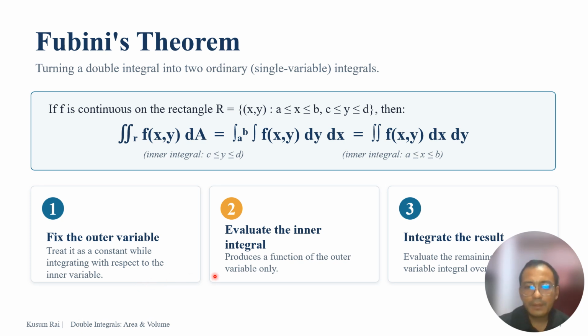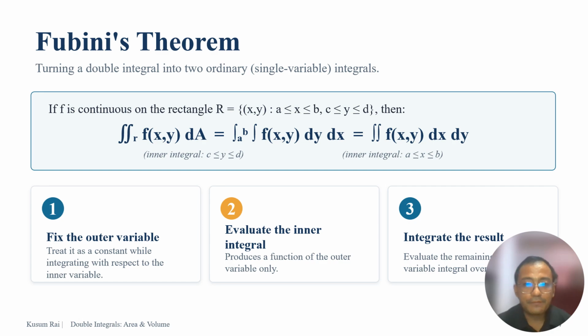Number two, evaluate the inner integral, which produces a function of the outer variable only. Then integrate the result, evaluating the remaining single-variable integral.